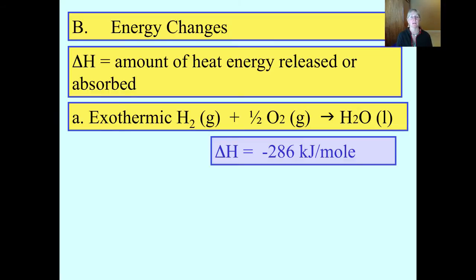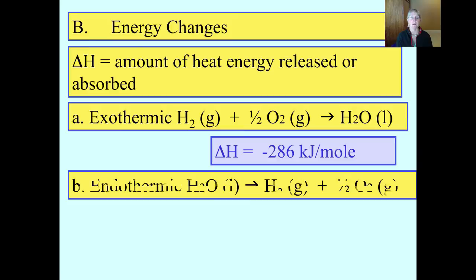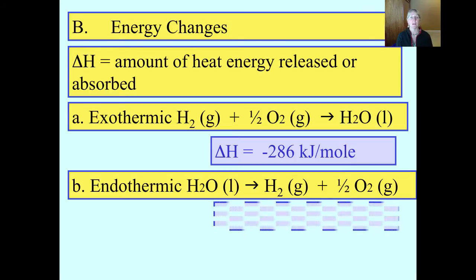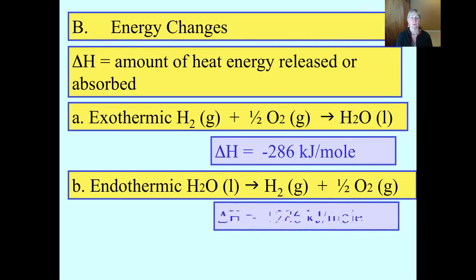of that defined system. You also learned in the past that a reaction can be endothermic, and you saw a short video showing that you can take water in its liquid form and decompose it into hydrogen and oxygen gas. Well, that took energy, and so now our delta H for the reverse reaction will be a positive number.